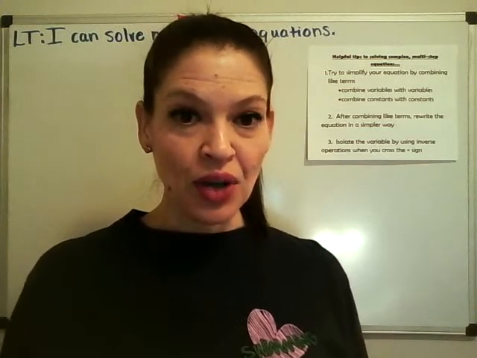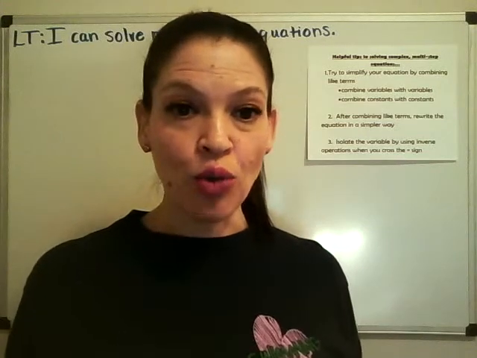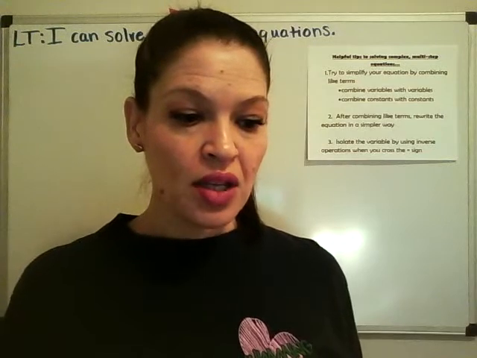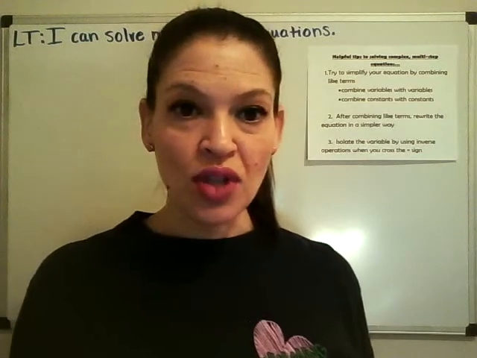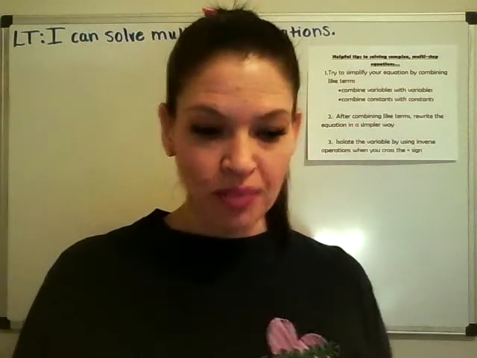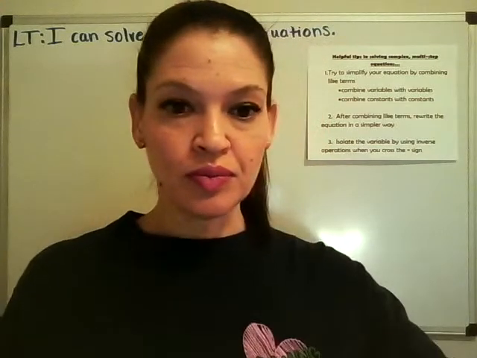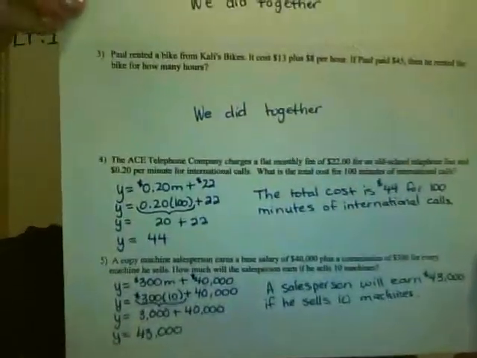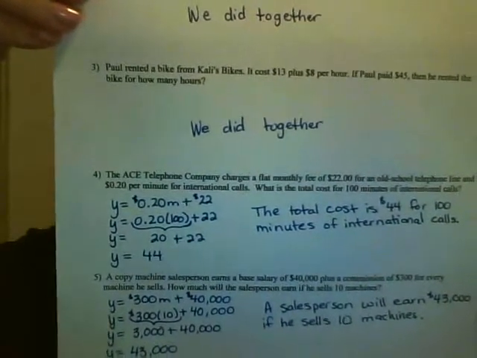Alrighty, so go ahead and take out your homework from yesterday, which was to solve two-step equation word problems. We did the first three together, and then you guys had to work on 4 and 5 on the first page.